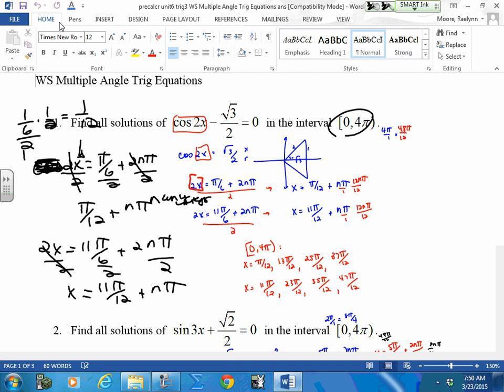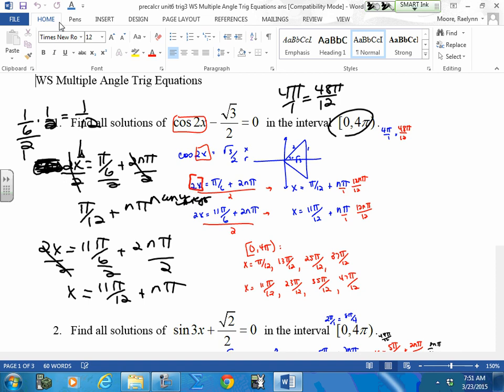What's the denominator that I notice here? 12. So I'm going to take 4 pi and ask how many 12ths this gives me, because then I'll know where to stop. In 12ths, this gives me 48 12ths to work with. As soon as I hit 48 over 12, I hit 4 pi. Whatever your denominator is, work the whole thing through in the same denominator.